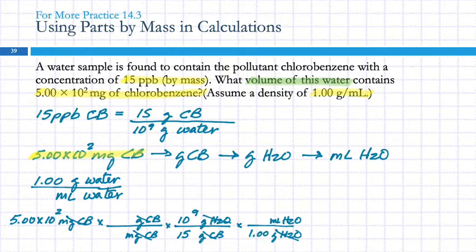So the water is 1.00 grams per milliliter. And then the milligrams to grams conversion, I'm going to look at my prefix here, milli. Remember those? You're supposed to still remember those. Milli stands for times 10 to the minus 3. So if I have 1 milligram, I have 1 times 10 to the minus 3 grams.